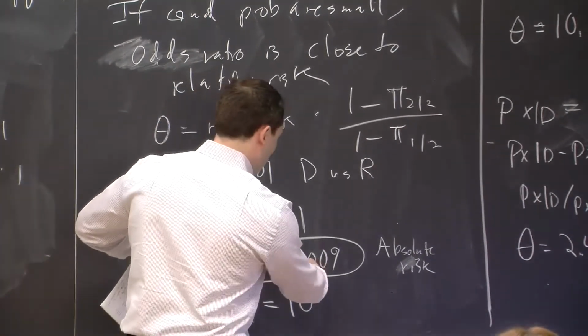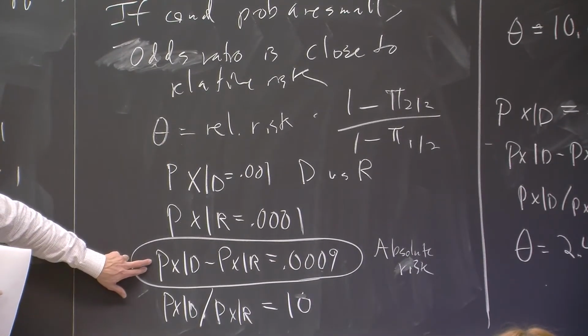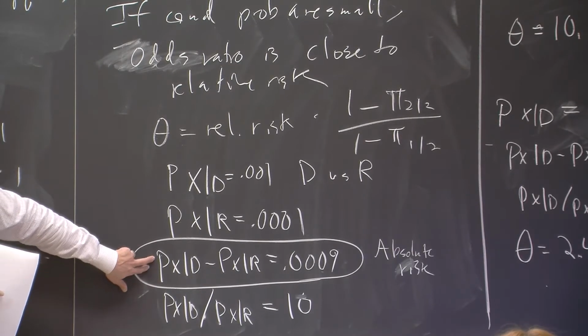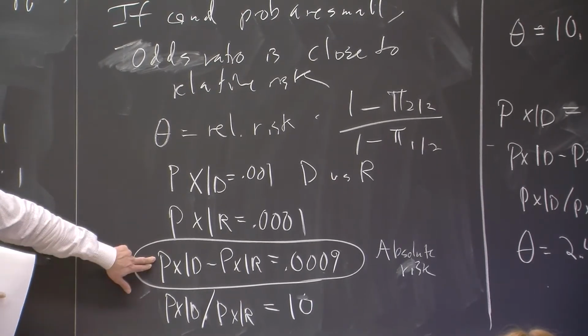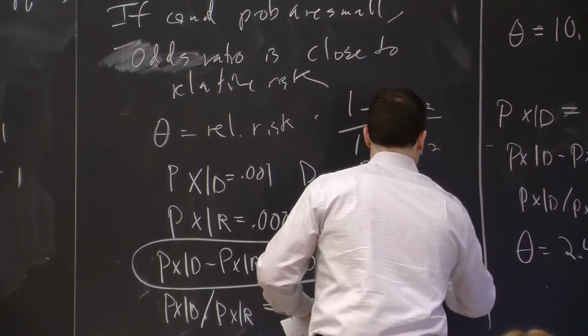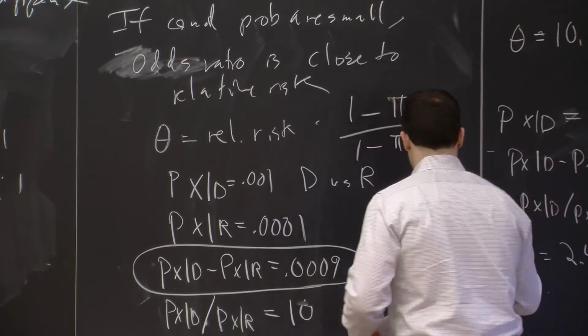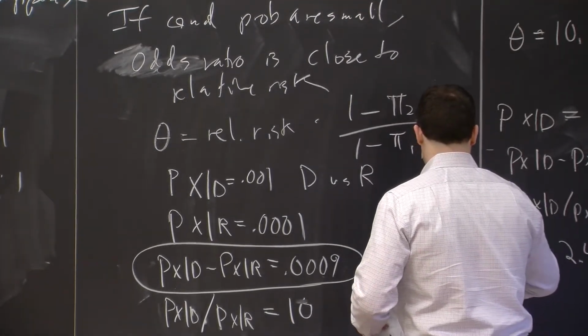So this number, the difference in proportions, people like to use this. There's an interpretable version of this, which is if you take its reciprocal, 1 over this number, 1 over delta is called the NNT.